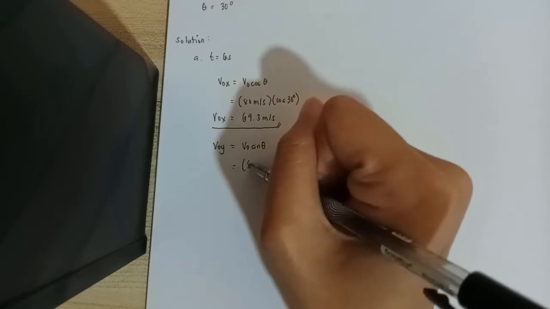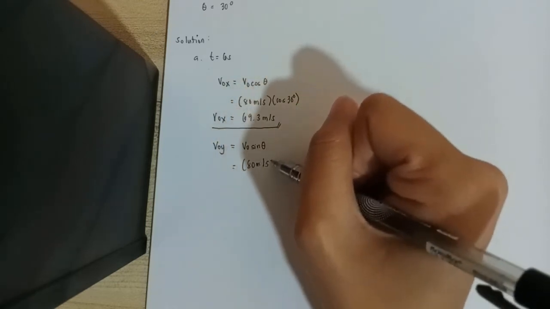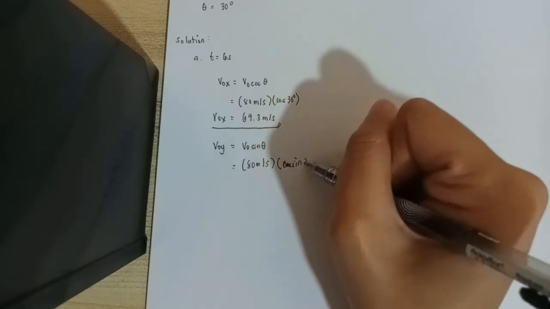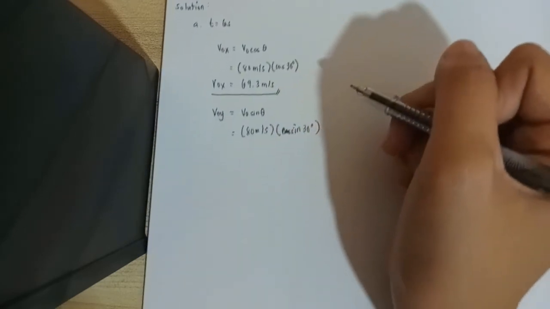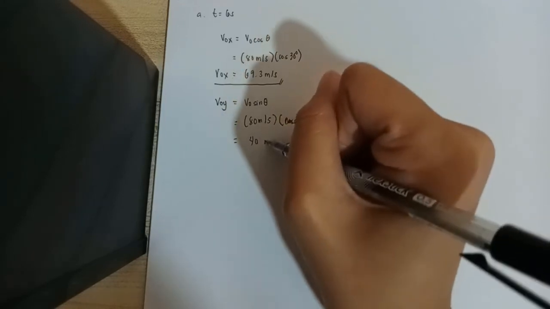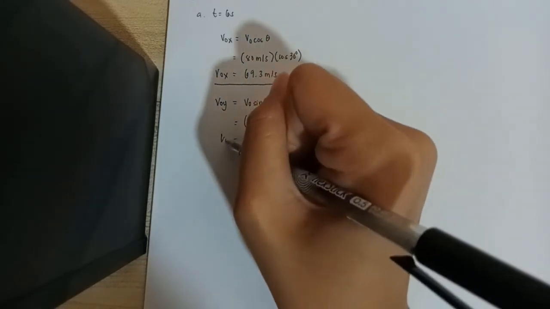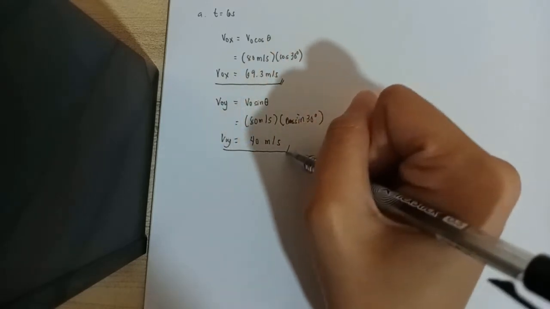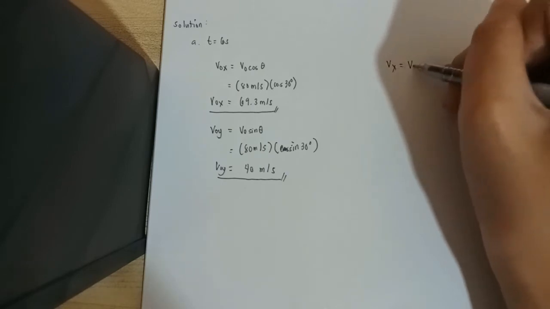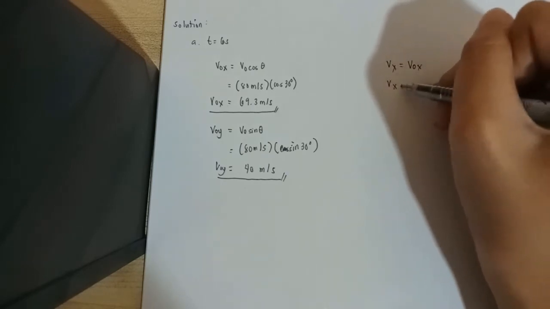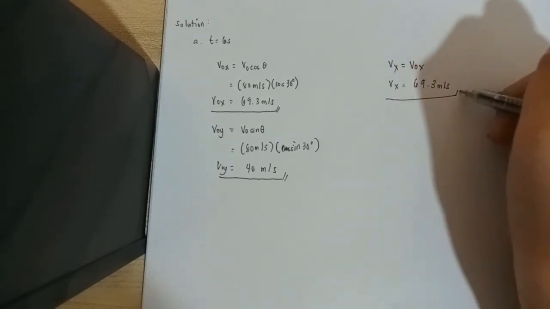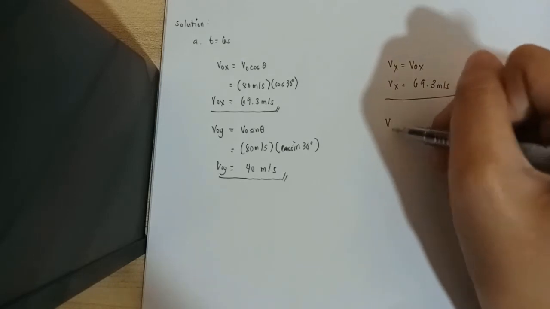Substitute, that would be 80 meters per second multiplied by sine 30 degrees. V0y is equal to 40 meters per second. We already have V sub 0x and V sub 0y, so we need to find the Vx. Vx is equal to V sub 0x, so that will still be 69.3 meters per second.